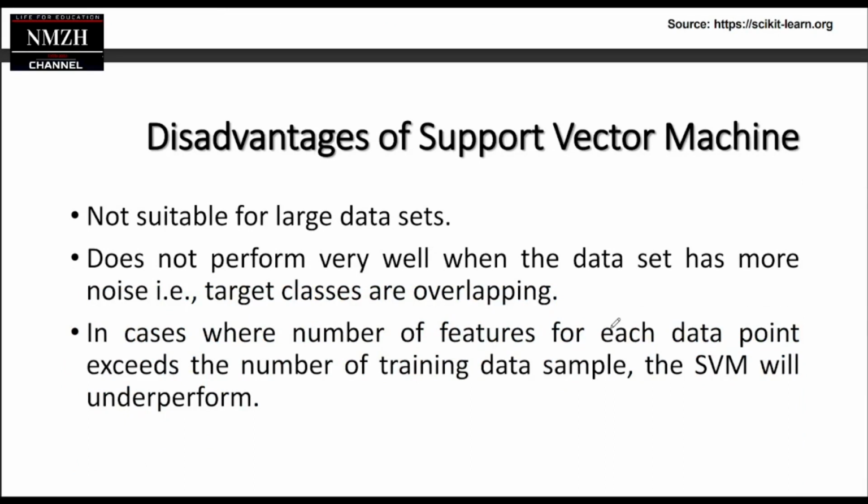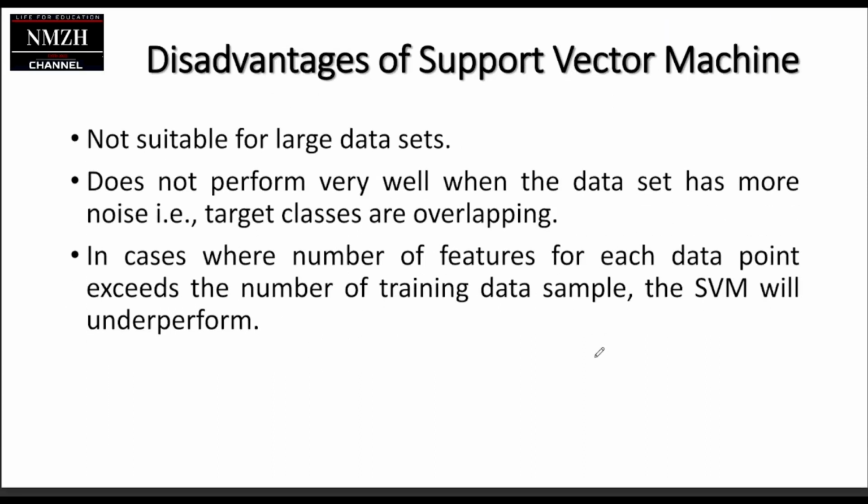Okay. Although the SVM is good in certain contexts of supervised learning, it cannot avoid the disadvantages, such as the demands of the training. Somehow it is not suitable for large data sets.